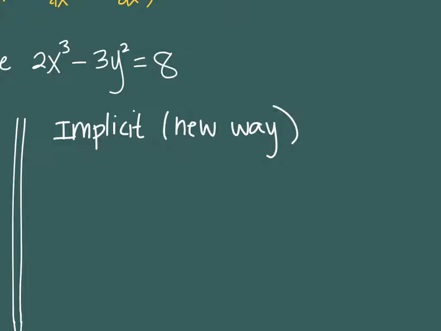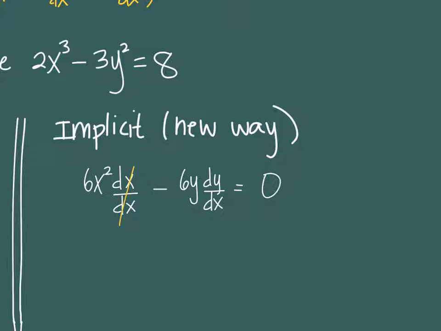What is that? 6x squared. And because you're taking the derivative, dx would follow that because it's the application of the chain rule, which will simplify. It'll reduce to 1, but we just get in the habit of doing that. Minus, then we'll take the derivative of 3y squared, which is 6y, but I also need dy dx. And then equals the derivative of 8, which is 0. Dx is 1.